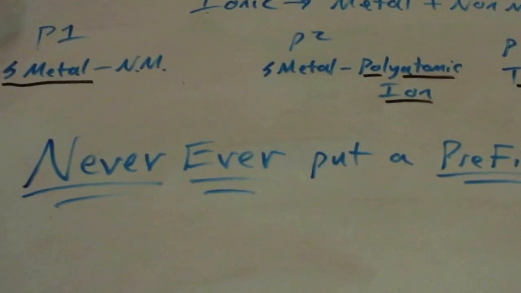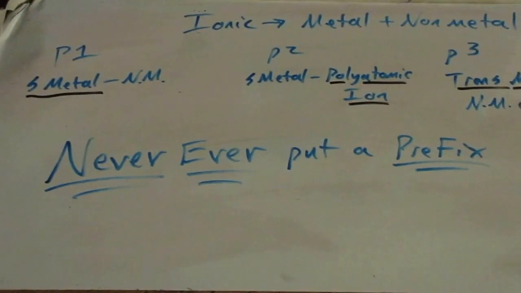You are never, ever going to put a prefix. Ever. Okay? Never. Do not do it. Again, the prefix part is specifically for covalent compounds, which means if you're putting a prefix with an ionic, it's instantly wrong. There's nothing you can do to fix it.